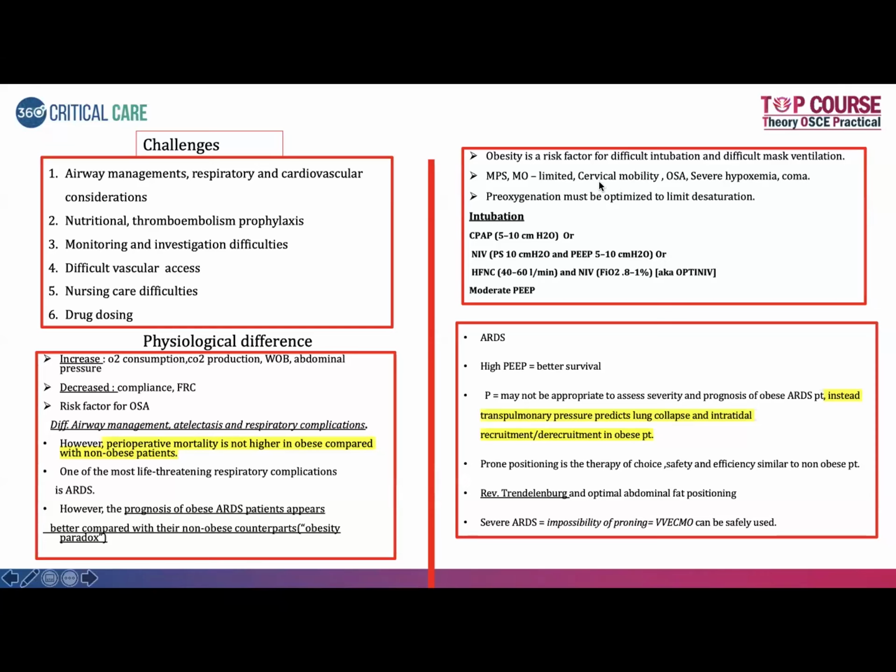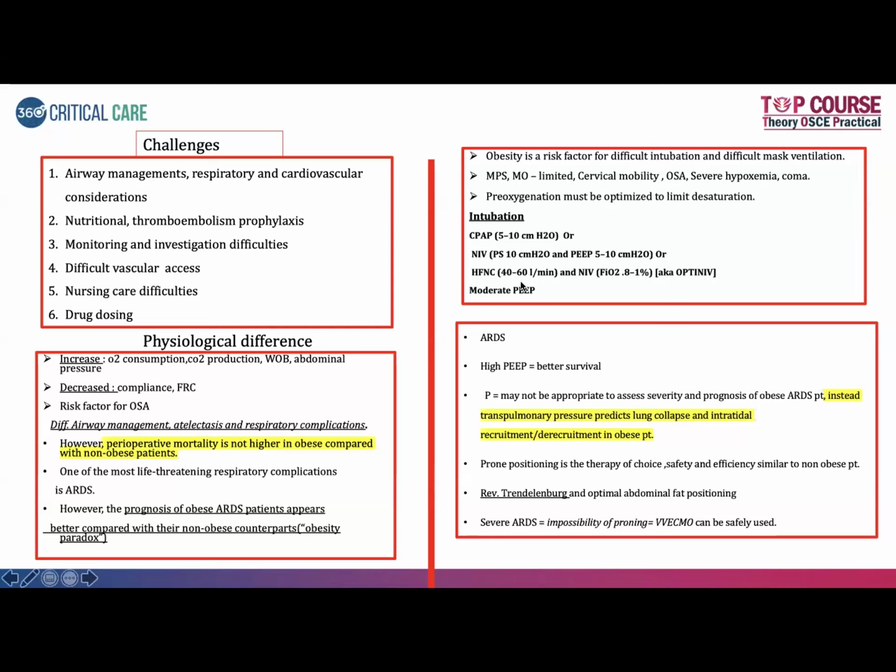For difficult airway, we all know the Mallampati score, mouth opening, cervical mobility, everything can be restricted. When you have a patient who needs intubation and mechanical ventilation, for pre-oxygenation always attempt NIV with a little higher pressure support and PEEP, and a slightly higher CPAP.